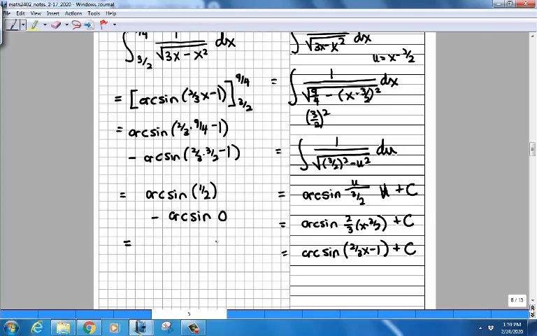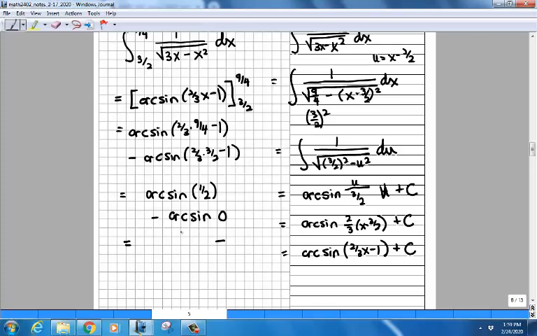So, what's arcsine of 0? Remember you're computing not sine of 0, but arcsine of 0. So what angle gives you sine 0? Sine of what angle is 0?